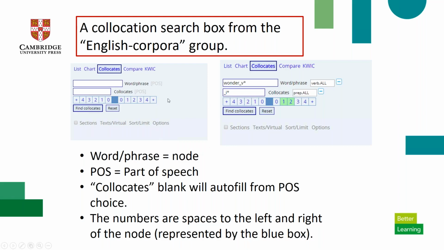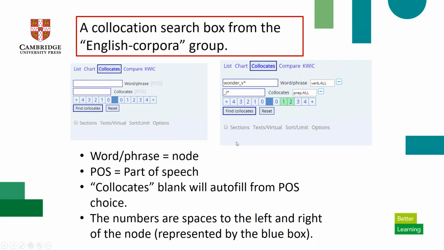Now in this search box, they have several things labeled POS. That just means part of speech, so that you can specify, like here, that I want to look for the verb wonder, not the noun wonder. And so I can use this part of speech option to specify verb.